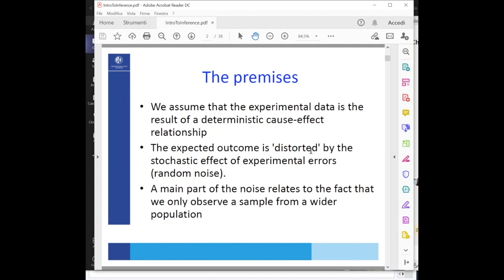And second, which is more important, is sampling error. I have a huge population. I'm taking a small sample, maybe 4, 5, 6 individuals, but we are not interested in those individuals because we want to give general conclusions.